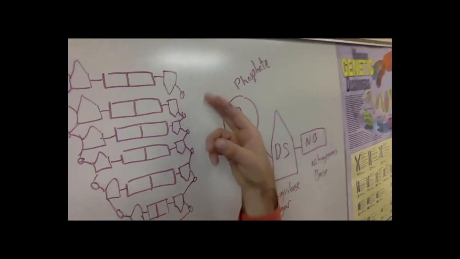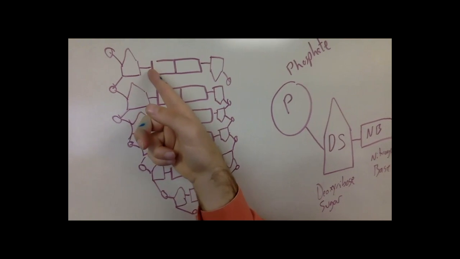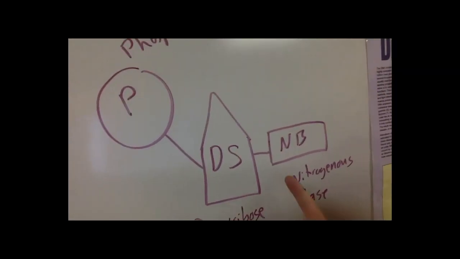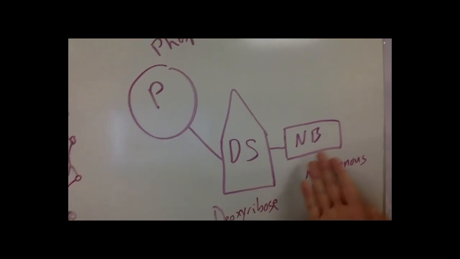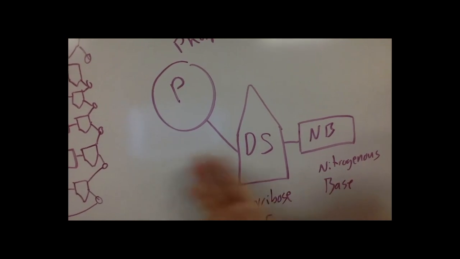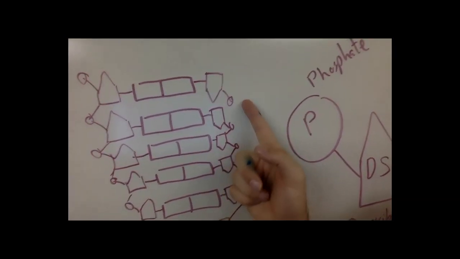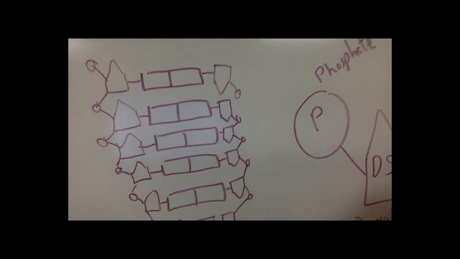And same thing on this side. This base hooks onto another base. But look. They only come like this, where the phosphate's on this side and the base is on this side. So if you want the base on this side, you got to flip the whole thing upside down. So now we have an upside down phosphate sugar base.